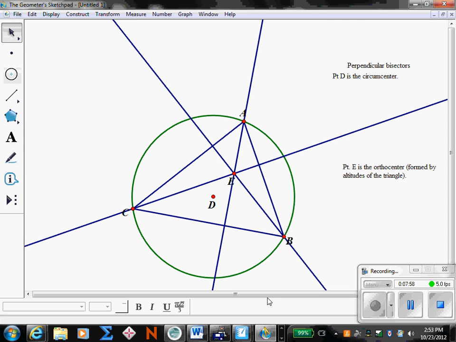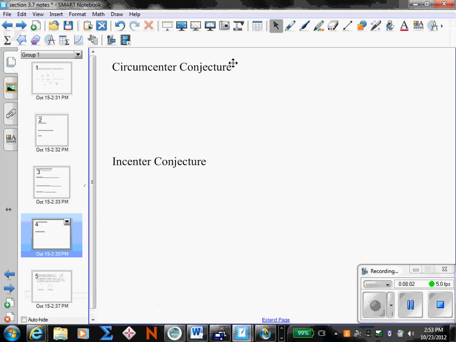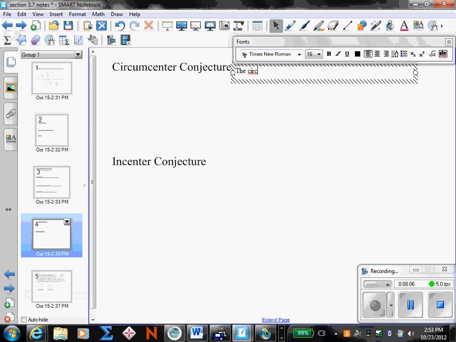Okay, so that is going to be this conjecture. The circumcenter of a triangle is equidistant from the three vertices.